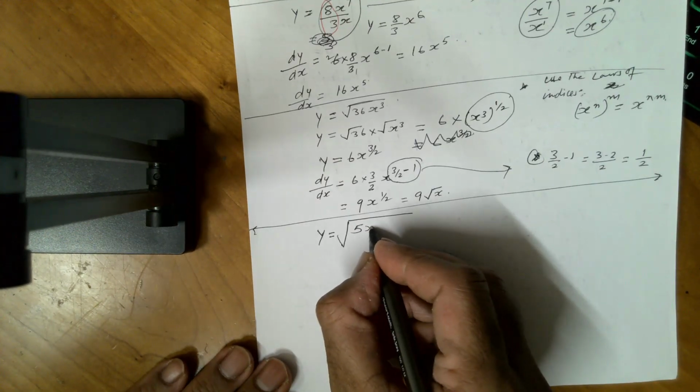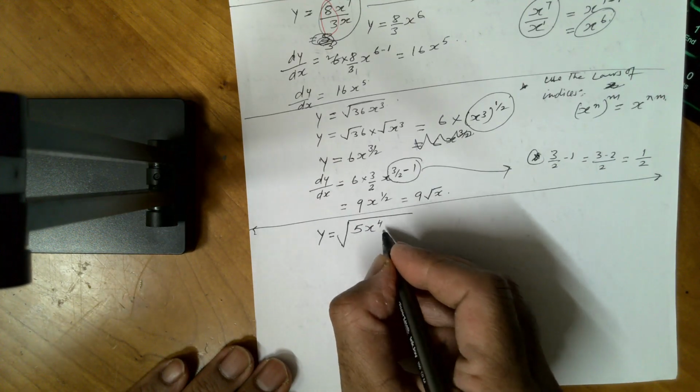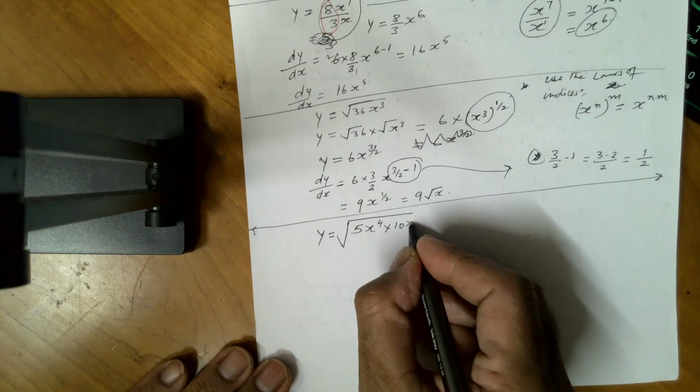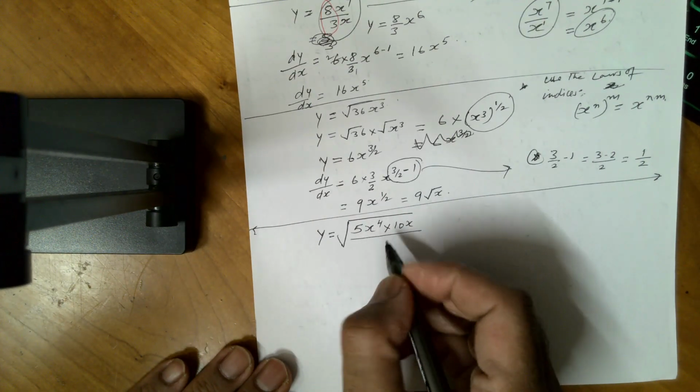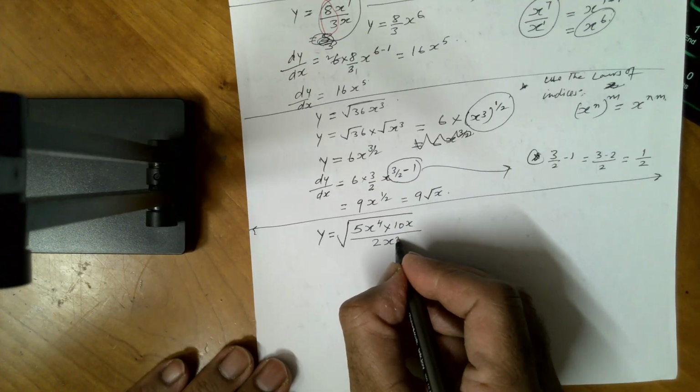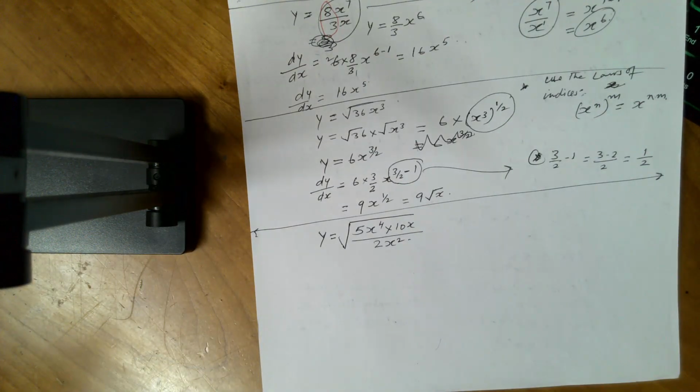So that's the square root of 5x to the power 4 multiplied by 10x, and then you got 2x squared. In the exam you will get something like this. So you have to get used to simplifying this first. As I said, your algebra, simplifying things, factors and things like that, you need to be good at this before you apply these differentiation rules, otherwise you'll be struggling.